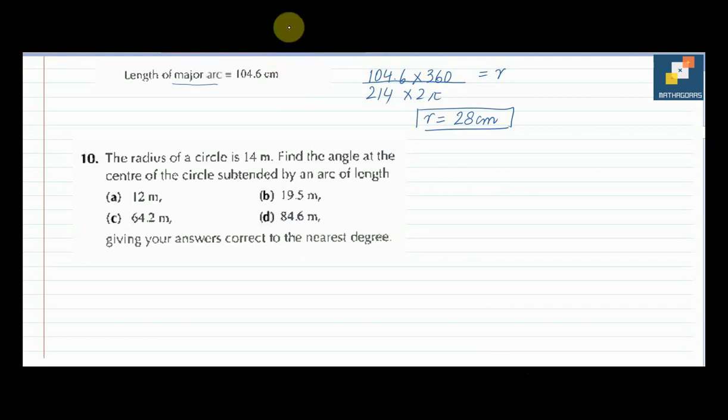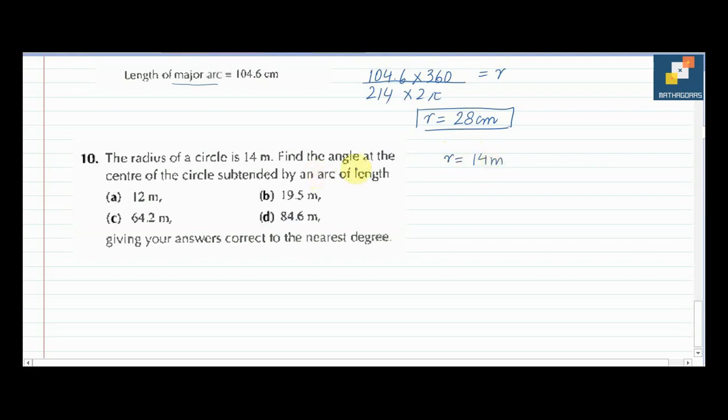In question number 10, the radius of a circle is 14 meter. It has 4 parts. So when I finish the first part, you need to start the other 3 parts and then check your answers. So radius is known, that is 14 meter.